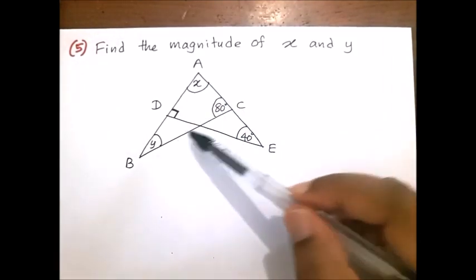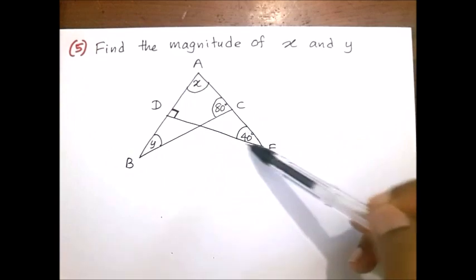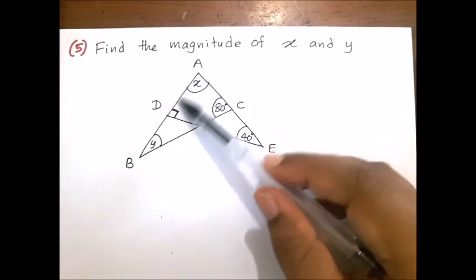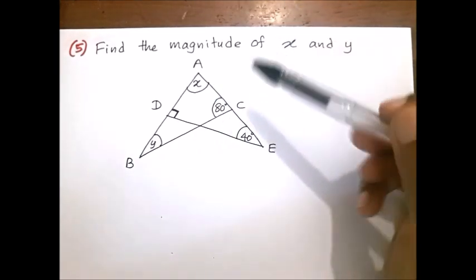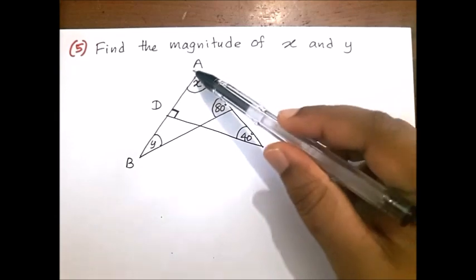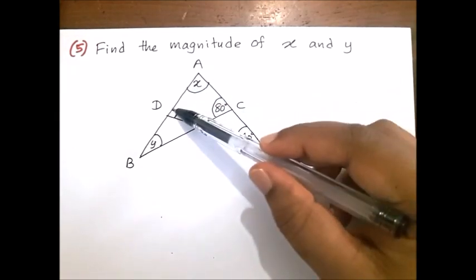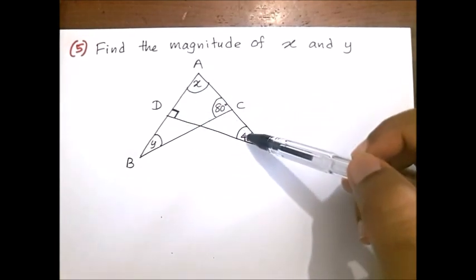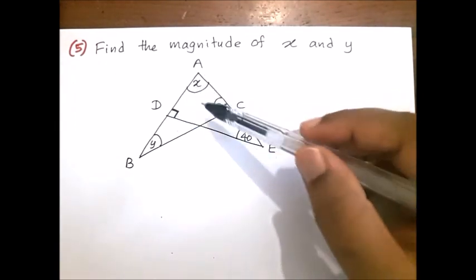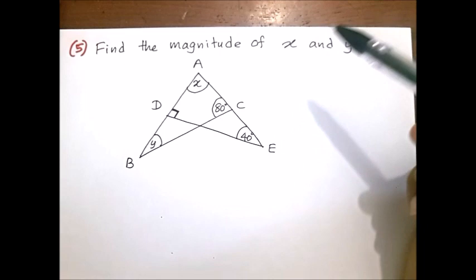These two are also small triangles, but consider these two large triangles, ADE and ABC. Now take the sum of interior angles of ADE. It is x, 90 and 40. By adding these three angles and equating it to 180, you can find the magnitude of x.